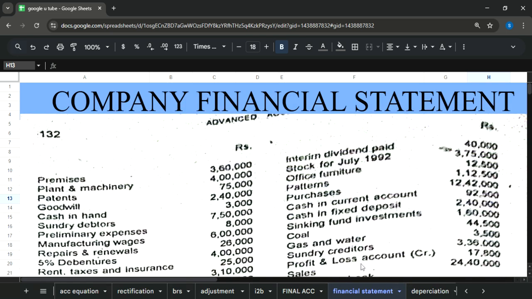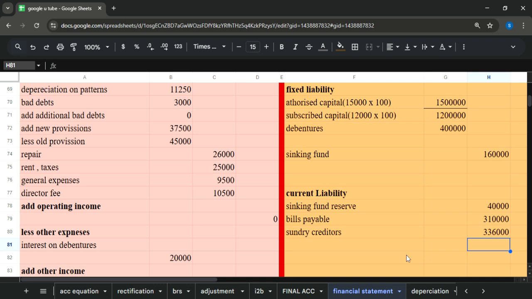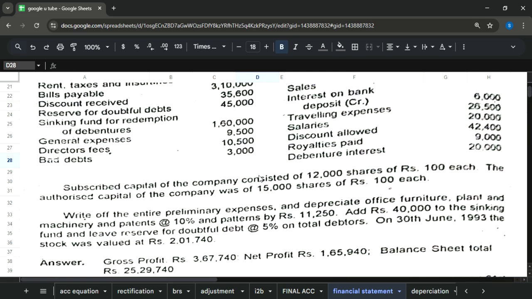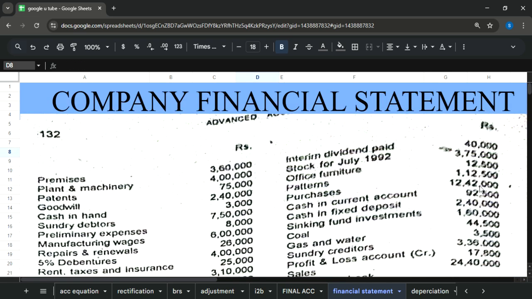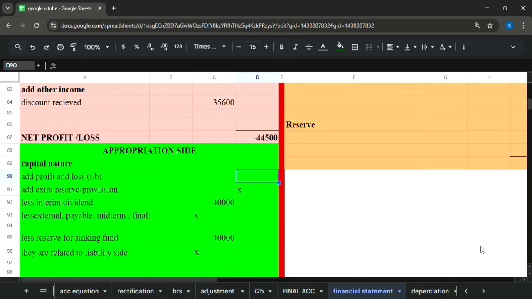Sundry creditors, we have got now profit and loss account. This is to be written in appropriation account, and this profit loss account has amount of 17,800. Put it over here.